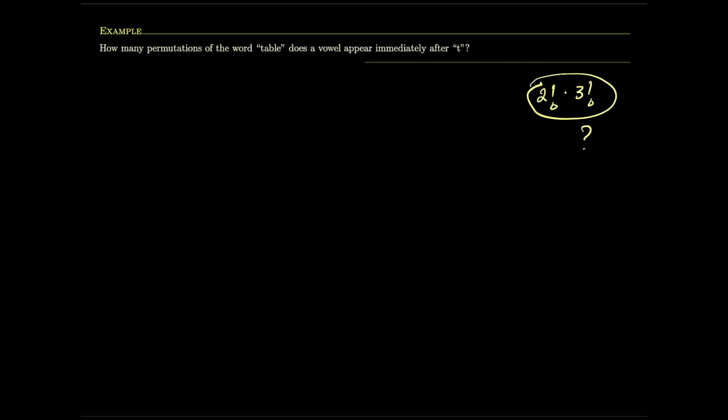Okay, how do you think about the problem? So we say that, okay, I have a word table. Yes, it includes 1, 2, 3, 4, 5 letters. All of them are distinct. And then when I want to write a permutation of this word table, I need 5 positions, yes? Okay?